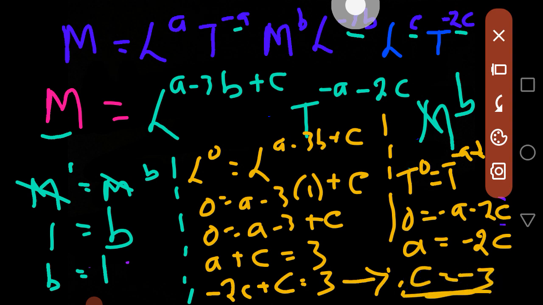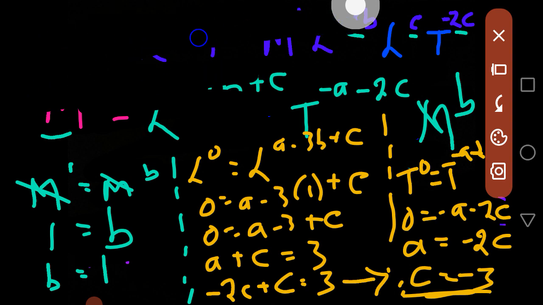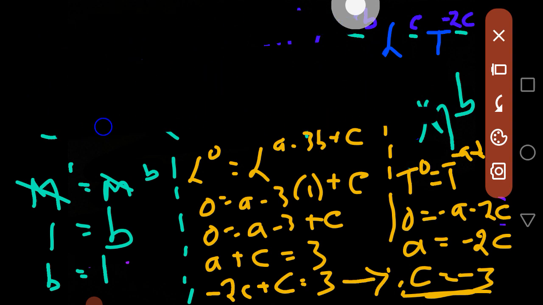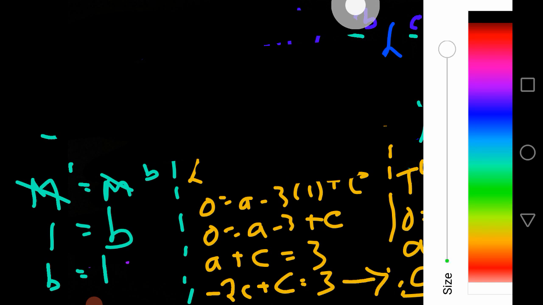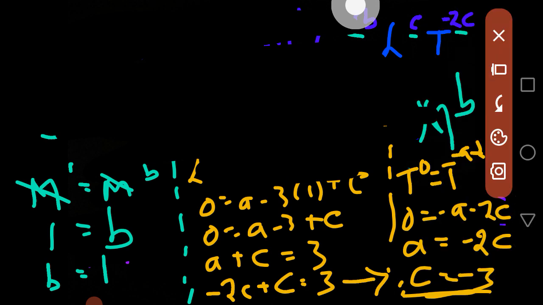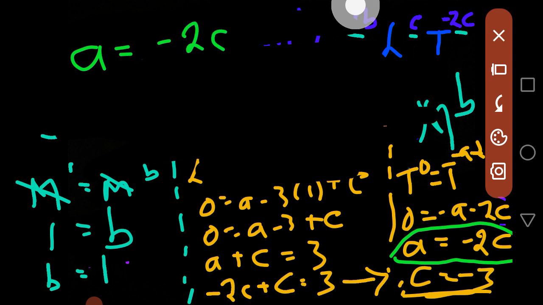Is that good? That's right? Yeah, so my C is equal to negative 3. So what else am I remaining with to find? I have found B and C, so I need to find A. At this expression here, we noted that A is equal to negative 2C.